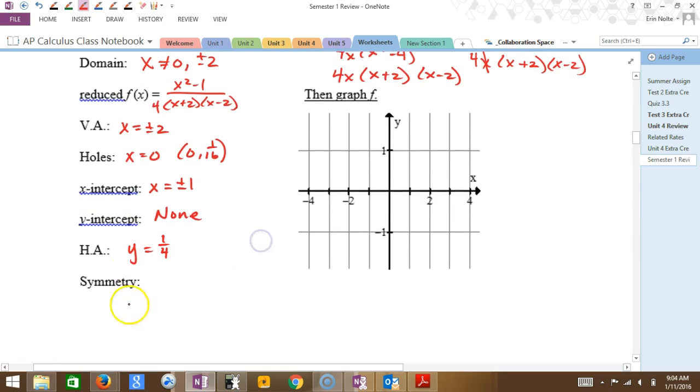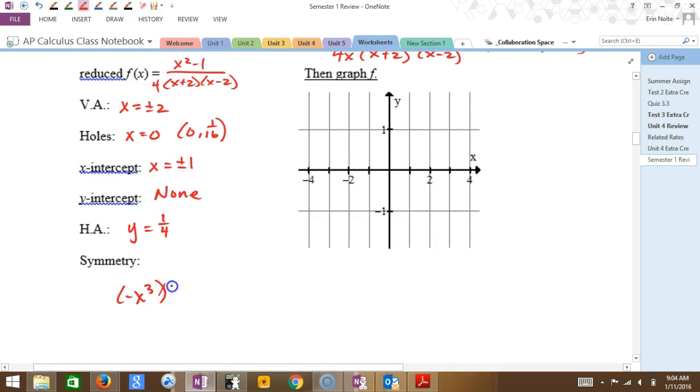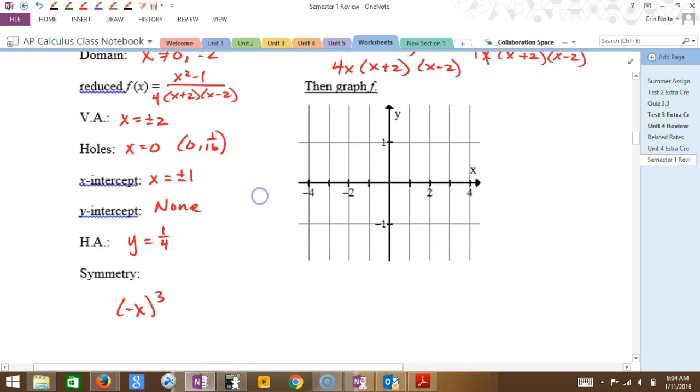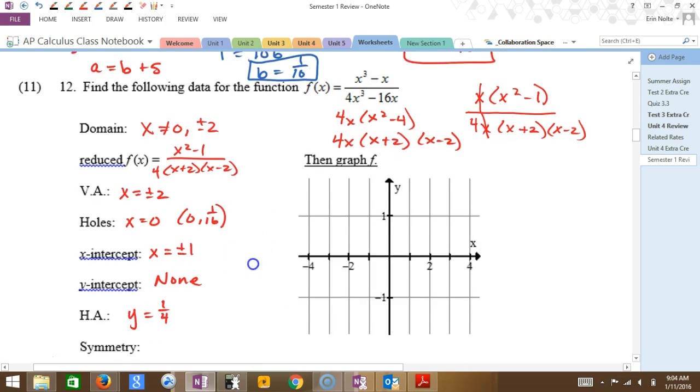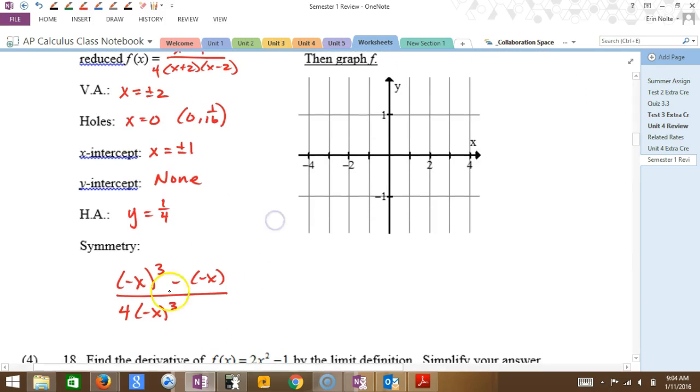Let me do it. So if I have negative x cubed, I need to technically write this outside. Cubed, minus negative x over 4 times negative x cubed minus 16 times negative x.